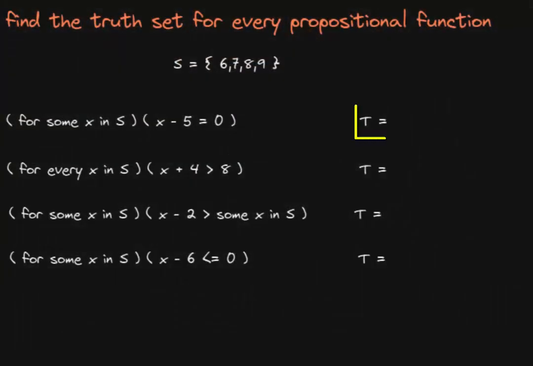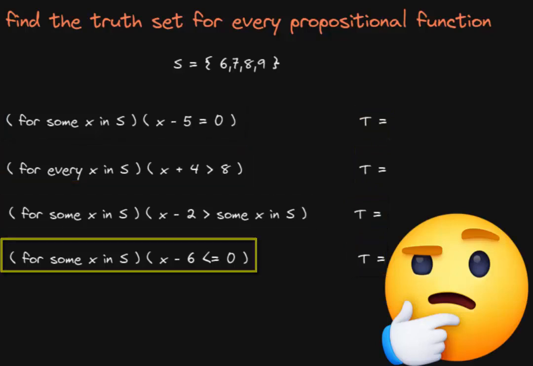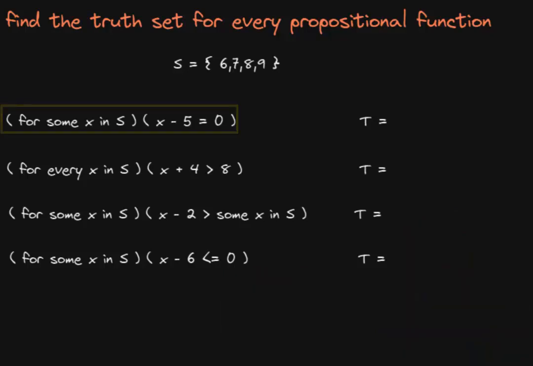Question 4. We must find the truth set for every propositional function. In other words, the set of numbers that will produce true as output on every expression. First, there is no element here that results in 0 after subtracting 5: the empty set. 2.